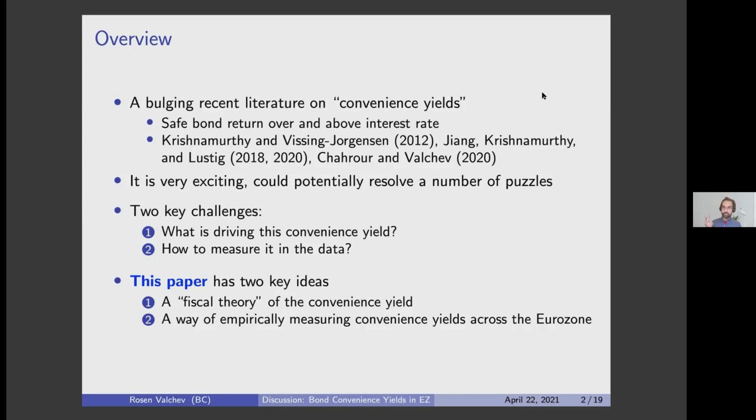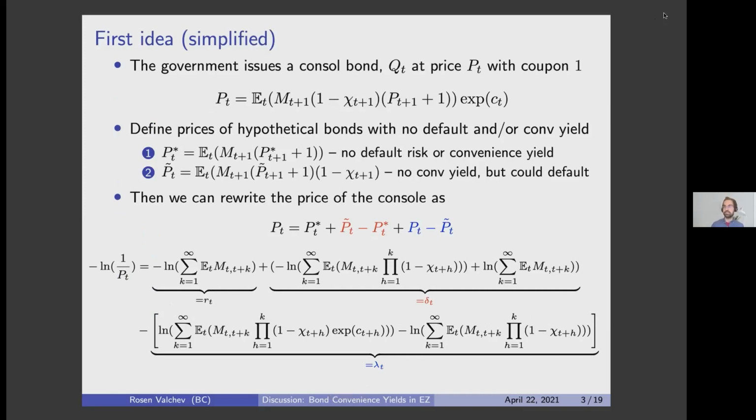Taking both of these into account, it's a very neat way of computing the convenience yield as a differential from one country within the Eurozone to another. I said two ideas, so let me show you simplified versions of both, at least simplified in my head.